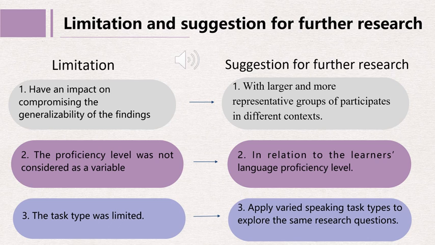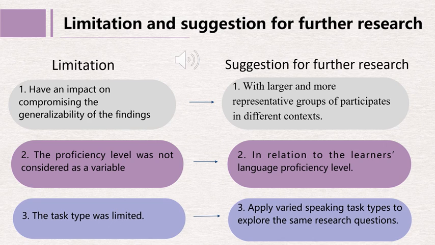Now, there are also some limitations and suggestions for further research. As for the limitations, firstly, the data of the participants were gathered from a convenient sample without diversity. Therefore, in further study, the research could be conducted with larger and more representative groups of participants in different contexts.